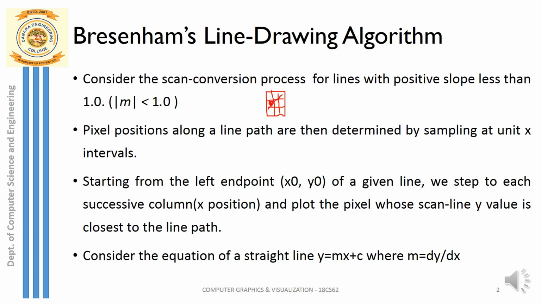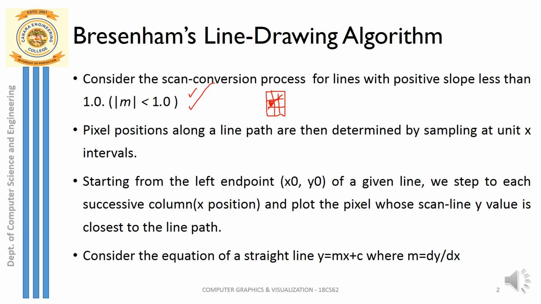Now here also we have two cases. One is to consider the slope. So calculate the slope of the line, and there are two cases to be checked. First case is whether the slope of the line is less than 1. What is the meaning of slope less than 1?